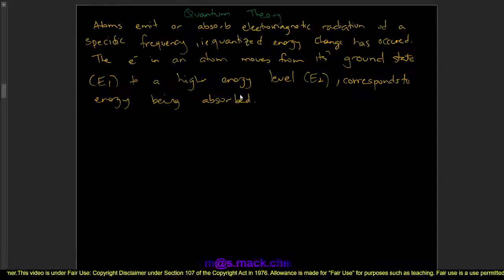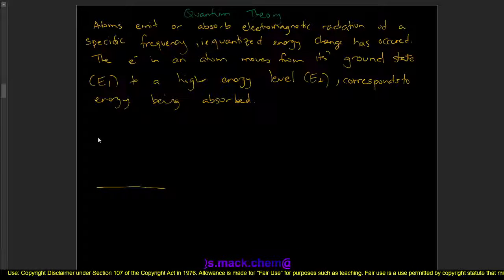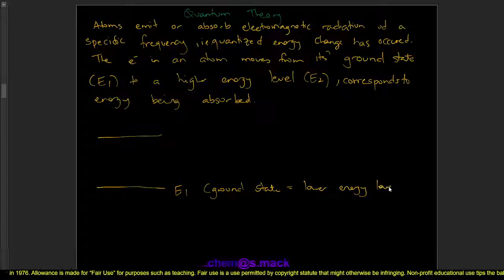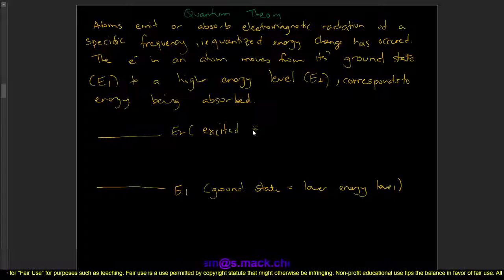So an electron in an atom is going to move from its ground state, and I'm going to draw a little diagram here, which is just two lines, and we have E1, which is our ground state, and this ground state automatically becomes a lower energy level, versus E2, which is an excited state, a higher energy level.